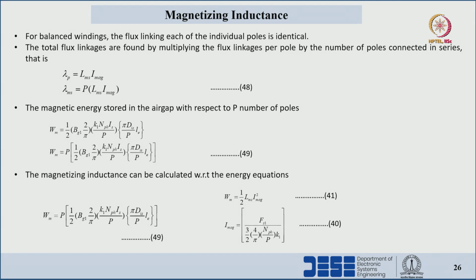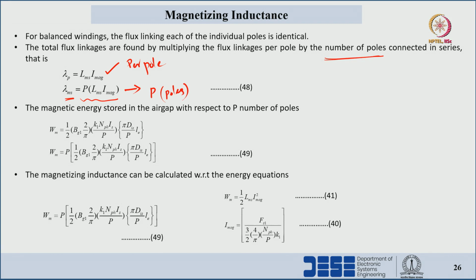So, the total flux linkage per pole is equal to the flux linkages divided by P. If you want to calculate the flux linkages for n number of poles, lambda m is nothing but the number of poles into inductance into current. This is with respect to flux linkages per pole. This equation gives flux linkages with respect to the P poles.